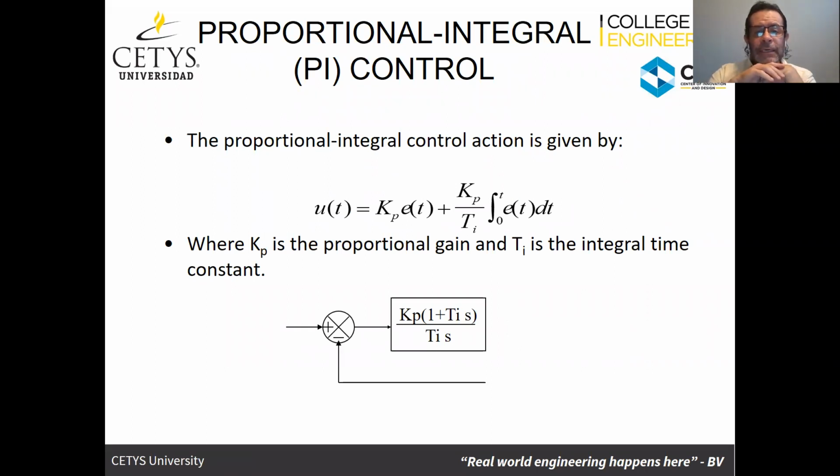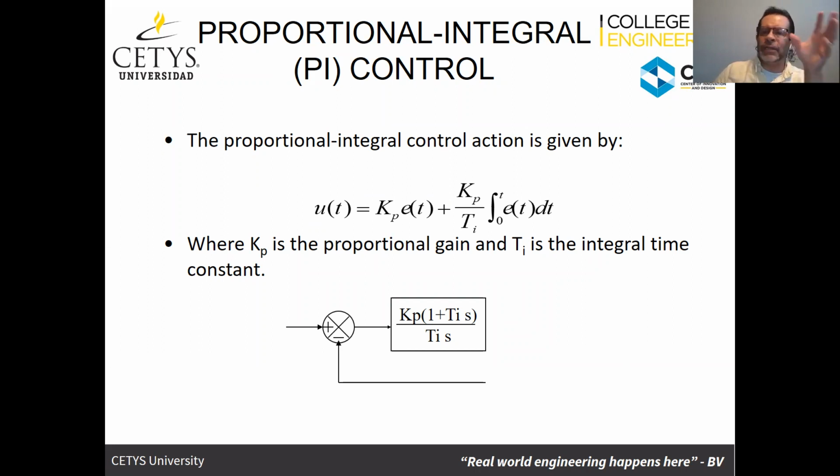Now, the next type of controller action is a combination that's called the proportional integral control. We usually don't talk about the integral and derivative controls by themselves. So we could talk about the integral action or just the derivative action, and these are called lead and lag. But they're usually done in combination.